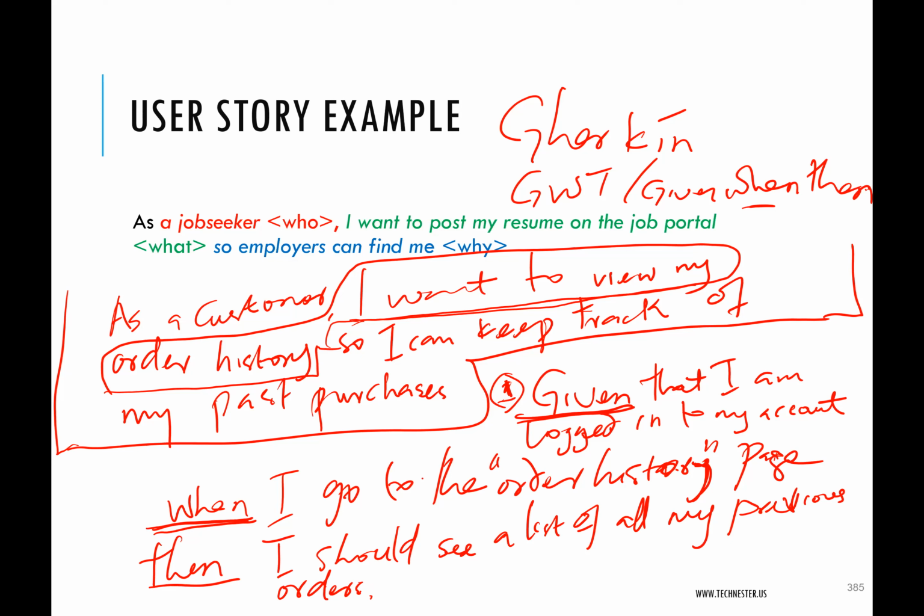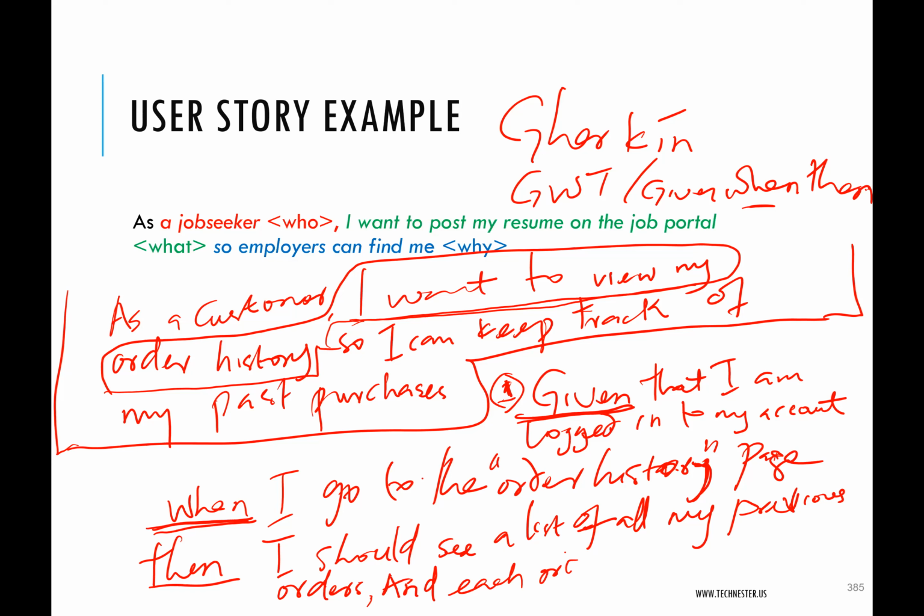Say this is not descriptive enough for the developer, obviously, because it's just saying show a list of all my previous orders. There may be more things that I want the developer to include in this feature that is being created, right? This order history page. So I will now add that with and. For example, I want each order to include an order date.